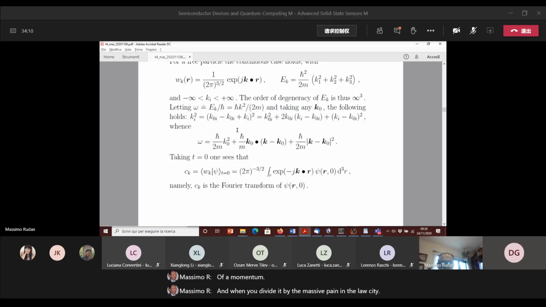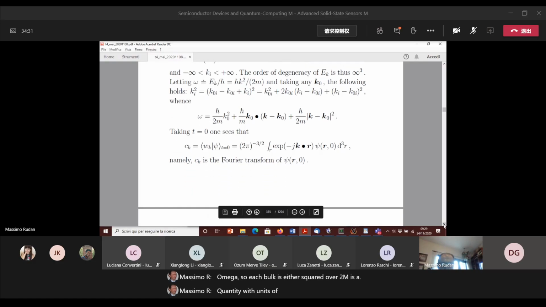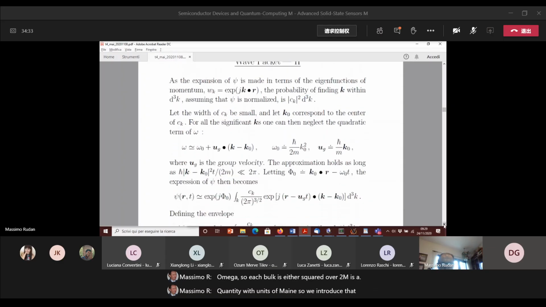So the quantity h bar k0 divided by m is a velocity. And also the term of zero order has the same units as omega. So h bar k0 squared over 2m is a quantity with the units of omega. So we introduce the definitions.